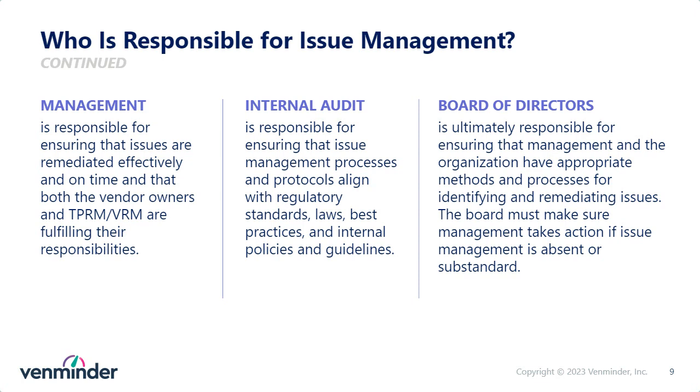If there are any material weaknesses or issues aren't being resolved, the board has the obligation to push management into correcting them. Of course, we have internal audit, who's responsible for just overseeing the whole process and making sure that all of the processes and protocols align with all the regulatory expectations, laws and rules, and best practices, and that they align with any internal policies and guidelines.